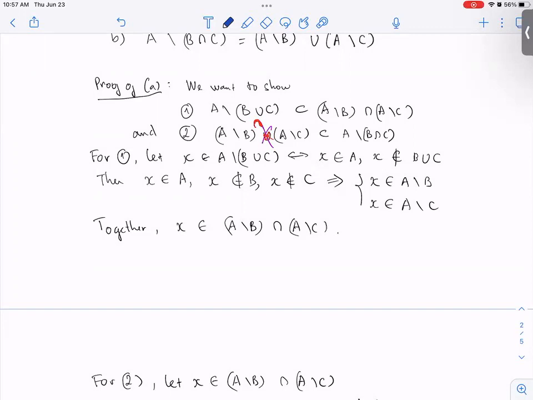So if X is not an element in the union, then it must not be an element in any of these sets. So that's why X here must belong to the complement of B related to A, because it belongs to A and not B. And it also belongs to the complement of C related to A. And together, X here is an element of the intersection of the two sets.